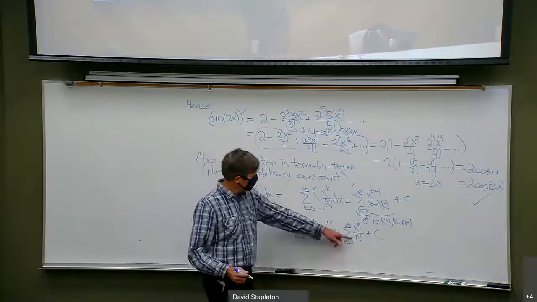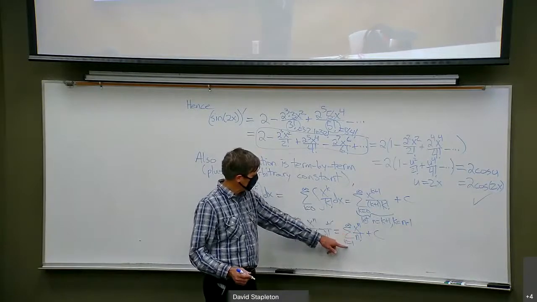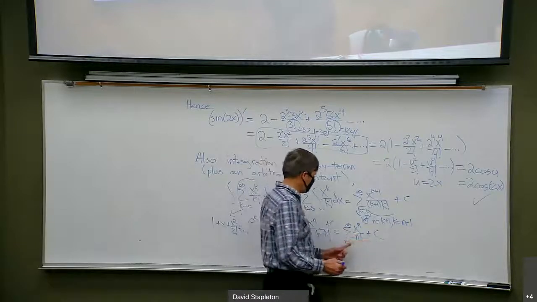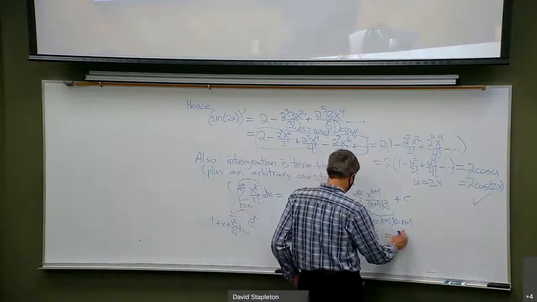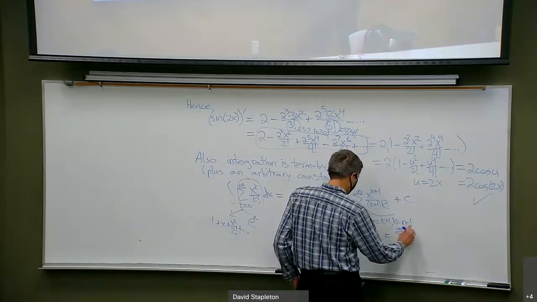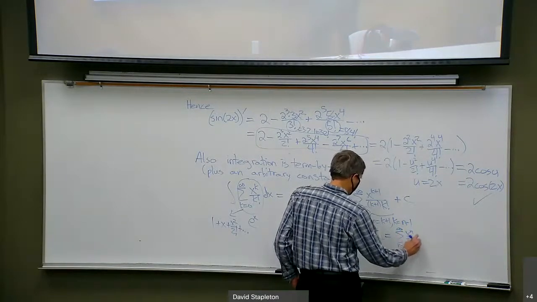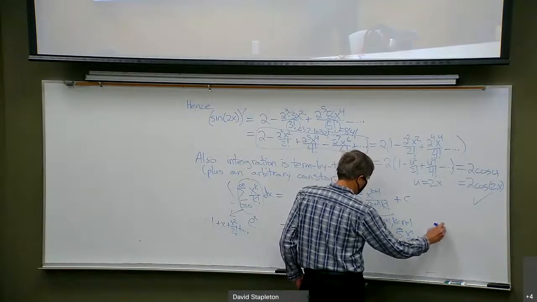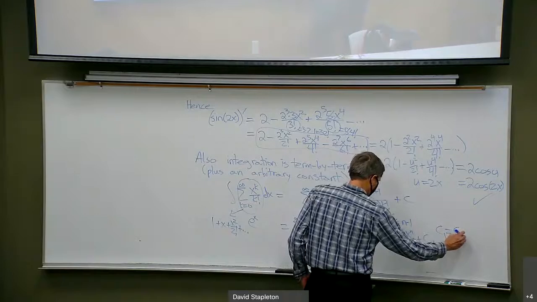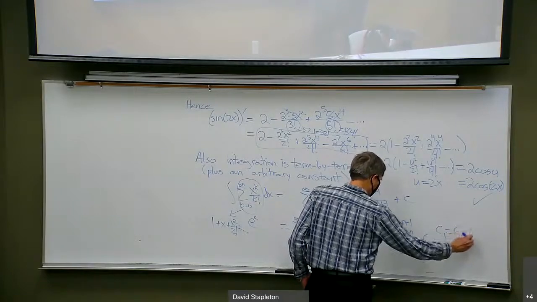This is the power series for e to the x again, except you're missing the first term. You can fix that by putting in part of the constant and say, well, this is the sum n equals 0 to infinity, x to the n over n factorial, plus an arbitrary constant c1, where c1 equals c0 minus 1.